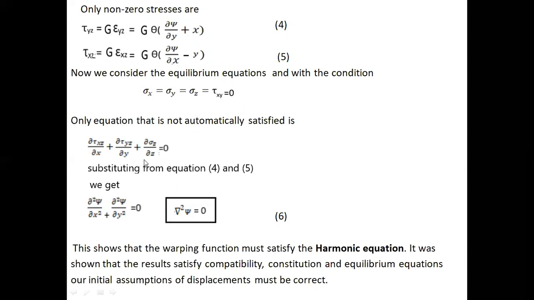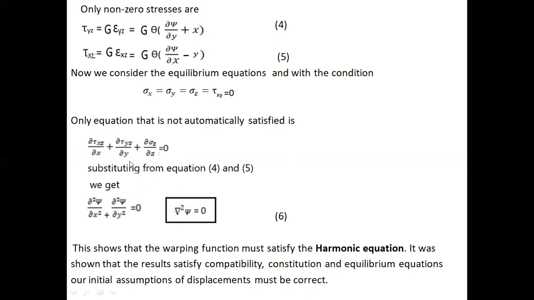In the third equation, del sigma z by del z will become 0 because sigma z itself is 0. So the third term is not there. Only two terms are there: del tau xz by del x plus del tau yz by del y.